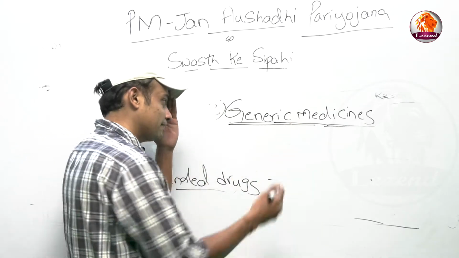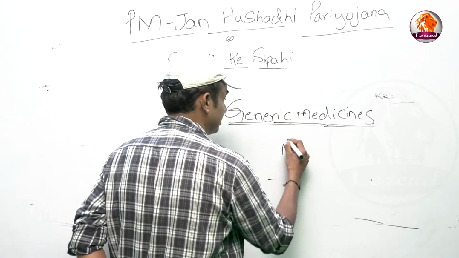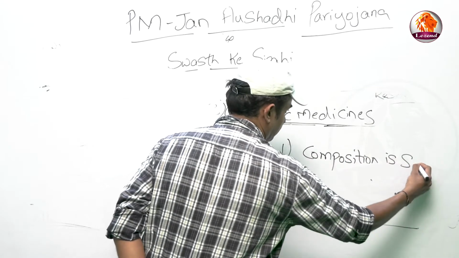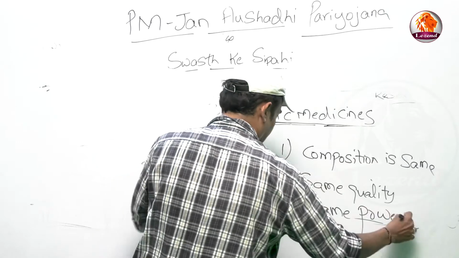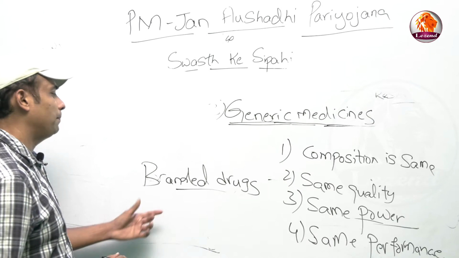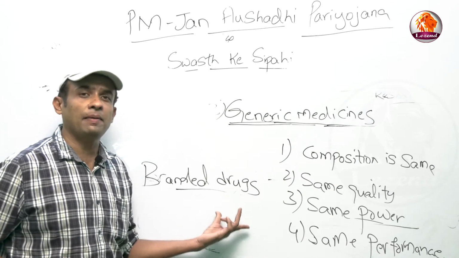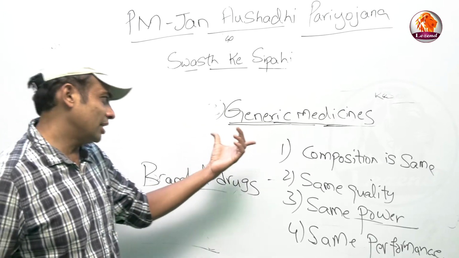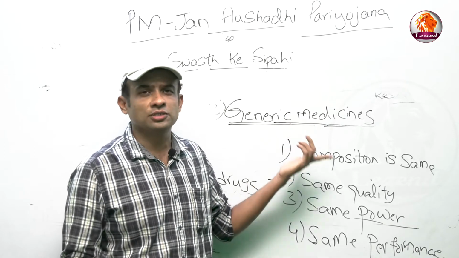Yes, they have the same composition, same quality, same power and same performance. If a paracetamol manufactured by a branded company reduces your fever, then the paracetamol produced by a generic company also reduces your fever.